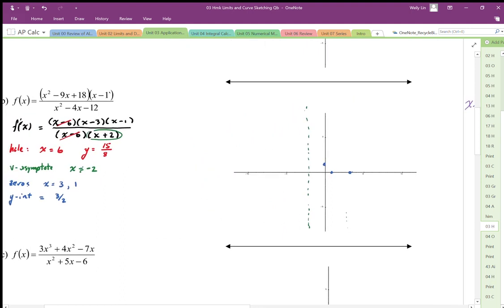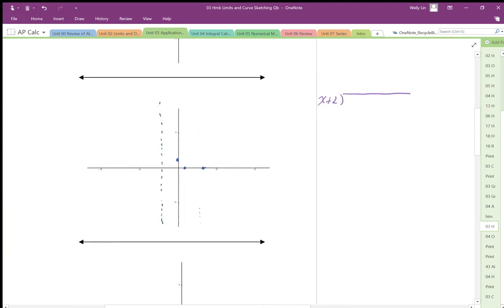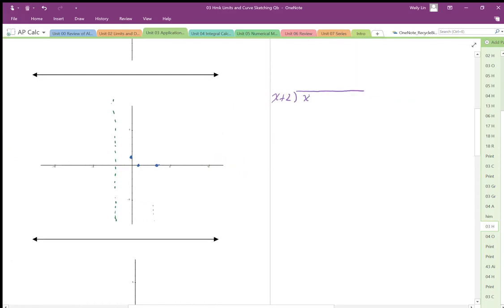and that needs to divide into the numerator, which is x squared minus 4x plus 3. So it goes in there x, so minus 6, so I have a remainder of 15.